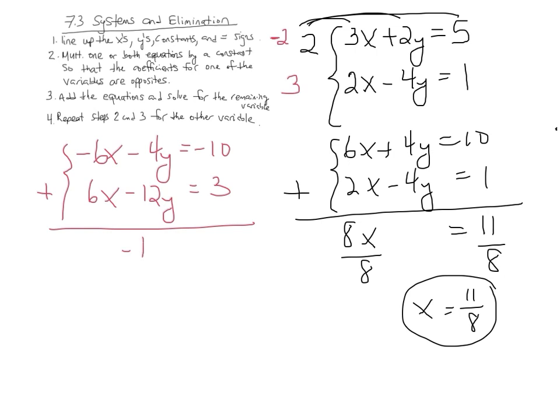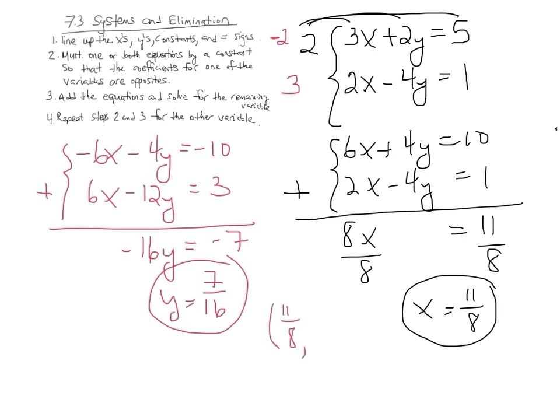And when we add the y's, we get -16y equals -7. And when we divide both sides by -16, we get +7/16. So as an ordered pair, our answer is 11/8 and 7/16.